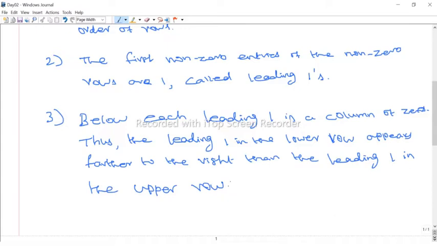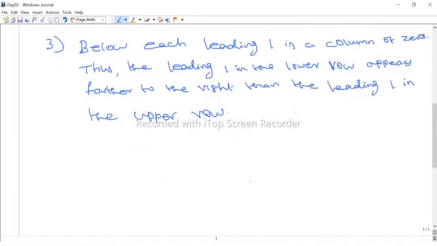That means, suppose we have a matrix with some rows: first row, second row, third row, and so on. You scan the first row and find the non-zero entry, and that entry should be 1. Suppose you get 1 in the third position.